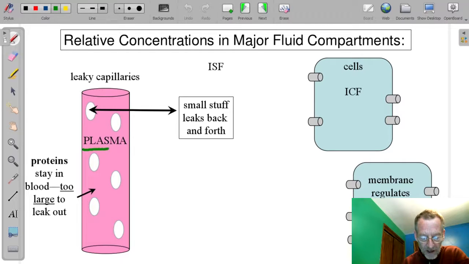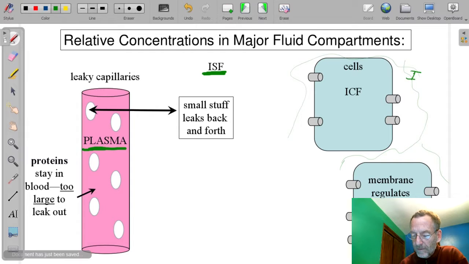So identify the major fluid compartments again. Well, there's the plasma, and here's the interstitial fluid between the tissues. All that is the ISF. And then we had the intracellular fluid.